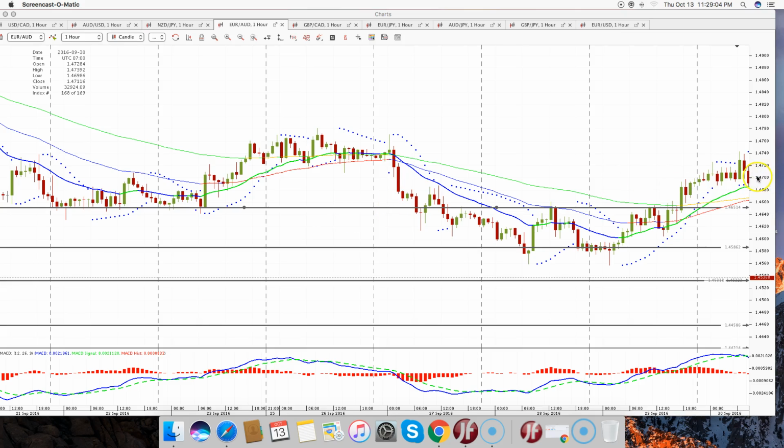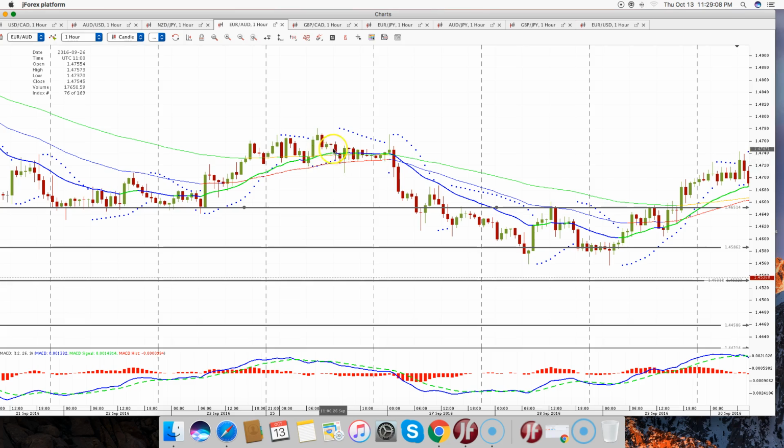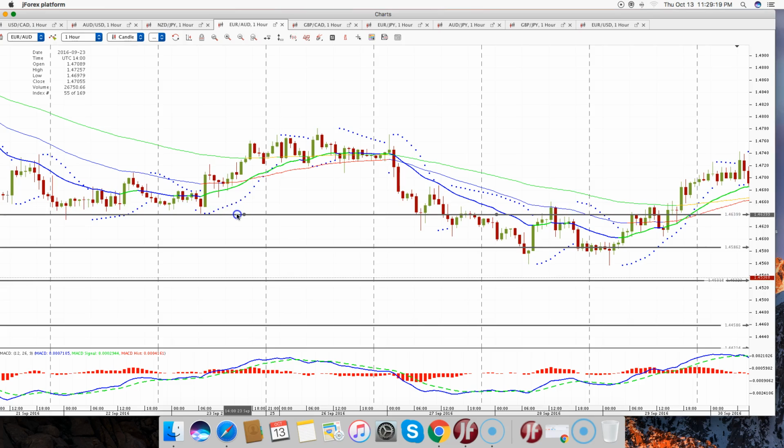Here's an example, and this is the same currency pair. Price was in an uptrend, then it turned around, sold off, and notice how it reacted to a previous support level. Let me just draw it right at the wick.